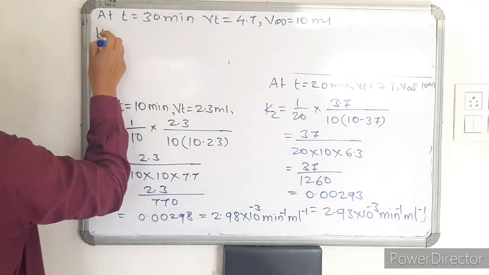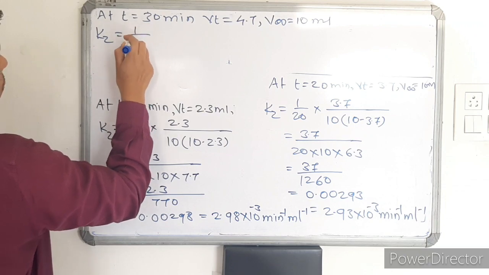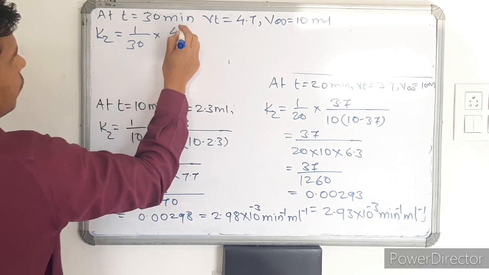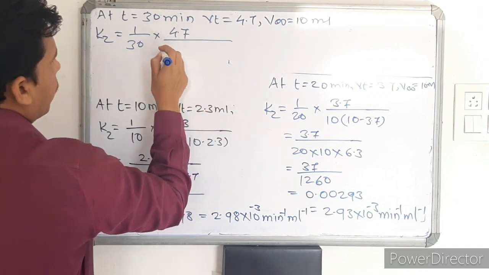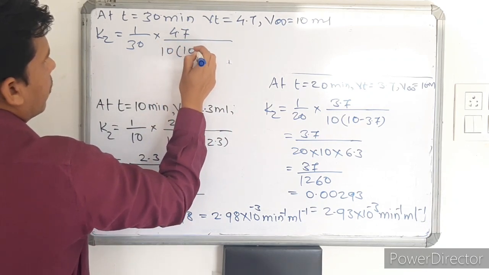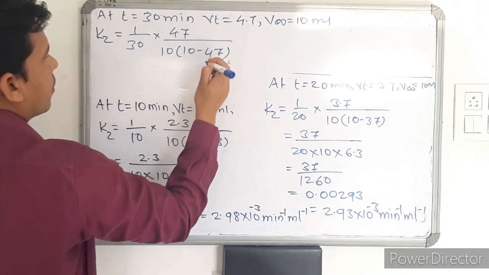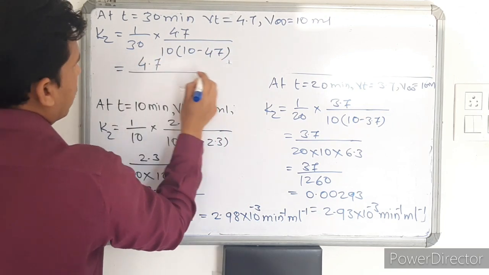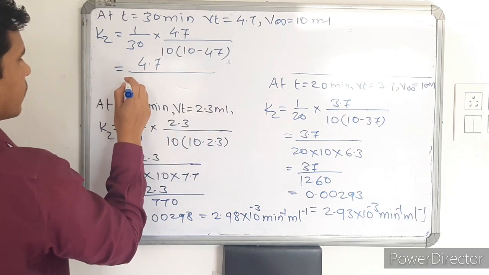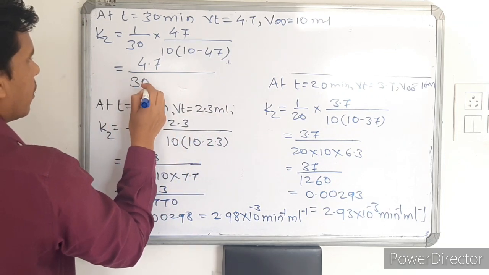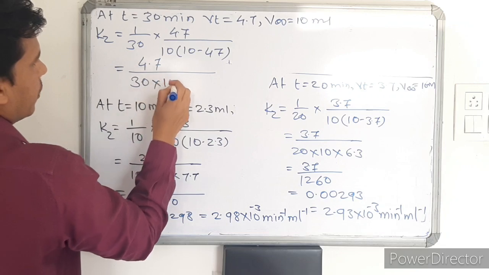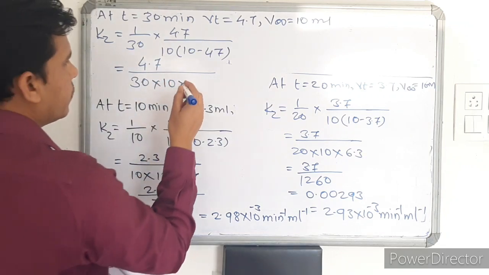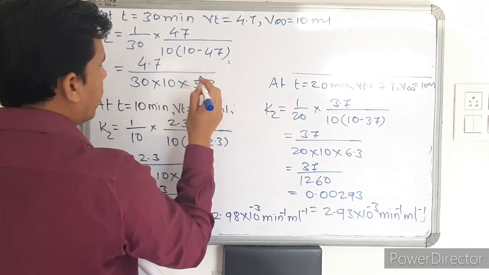So the rate constant equation K2 is equal to 1 upon 30 into 4.7 upon 10 into 10 minus 4.7, equal to 4.7 upon 30 into 10 into 5.3.